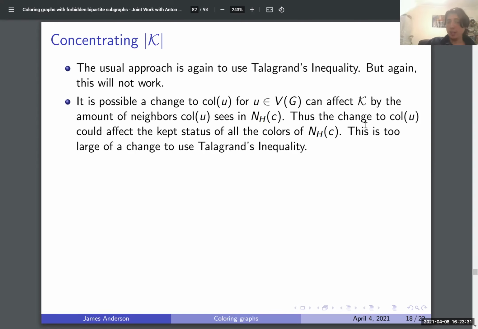And so we could, in theory, changing this color assignment of U could affect the kept status of all these colors in the neighborhood of C. And this is too large of a change to use Talagrand's inequality.